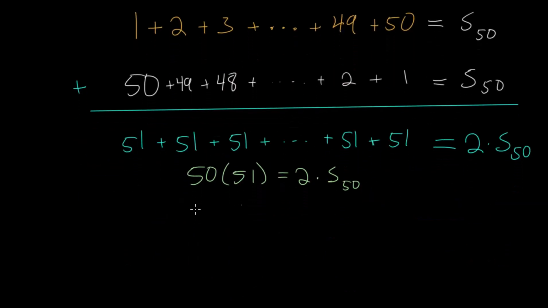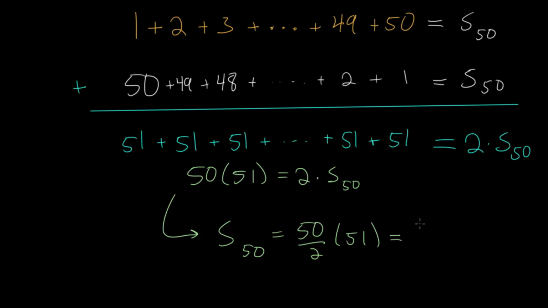Let's simplify this. We can divide each side by 2. I'm just going to rewrite it with our sum on the left-hand side. So we have S sub 50, the sum of the first 50 terms, is equal to 50 over 2 multiplied by 51. Before we actually carry out the arithmetic, you might also notice that it's the number of terms multiplied by the first term plus the last term divided by 2.